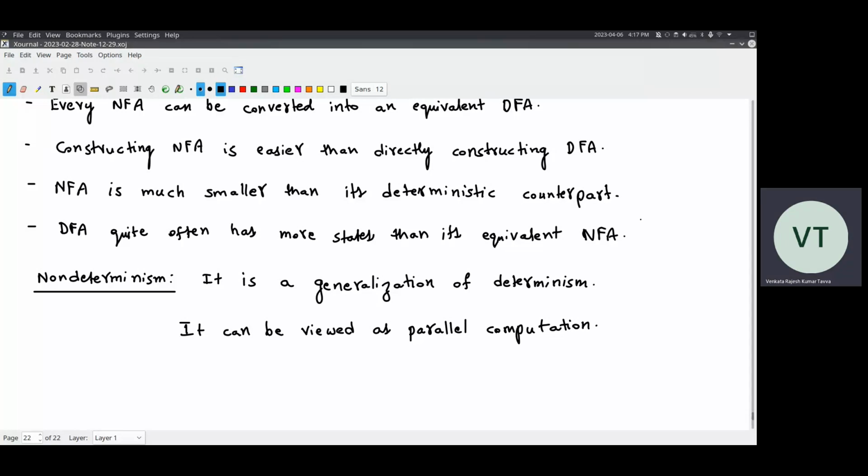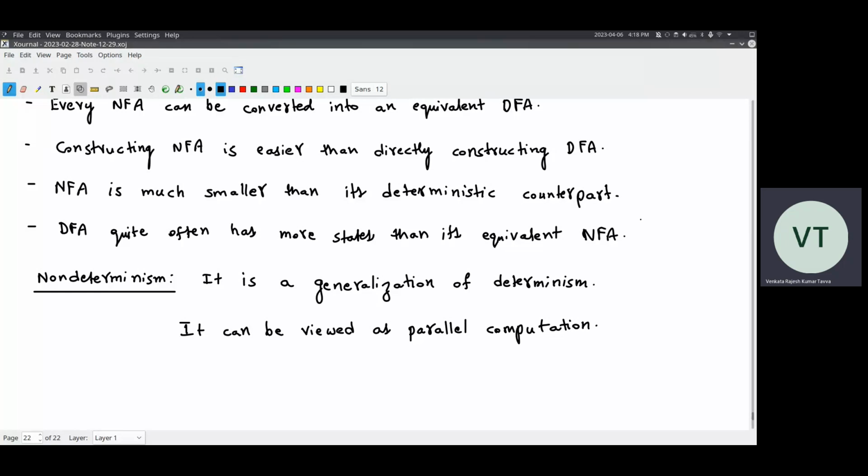So you are simulating multiple paths at the same time. For the same input, it can go in multiple paths. You are simulating all those paths parallelly, not waiting to try out one path, then another, then another. You're trying out all the paths parallelly where it can go for a given input symbol.